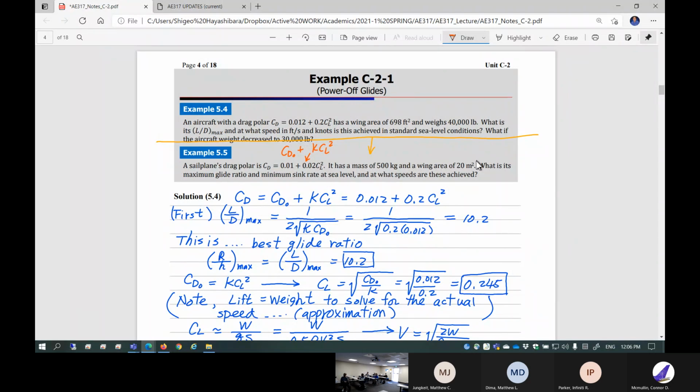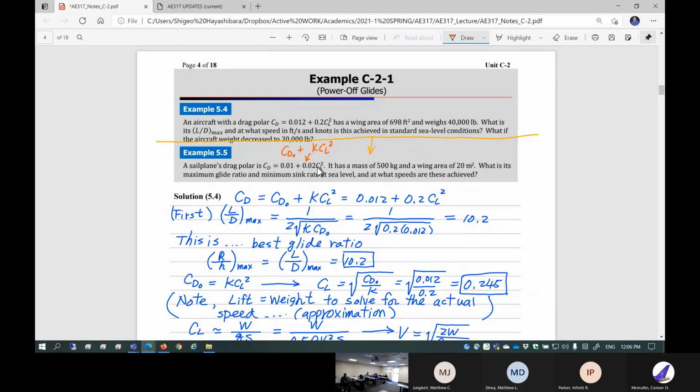Drag polar. Okay, now drag polar comes with lots of different configurations. A clean drag polar, takeoff and landing, gear down, and then flap up, flap down, gear up, both down. Different configurations come with different drag polars. That's one of the software's purposes, to compute those drag polars.